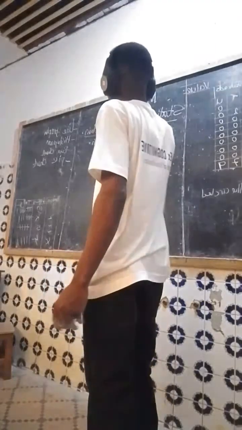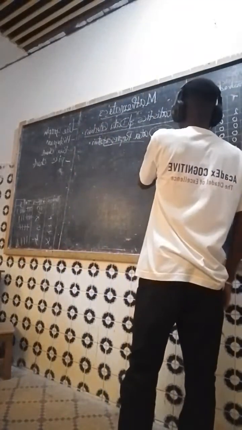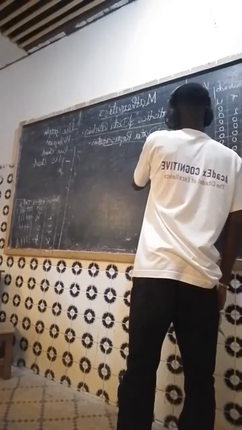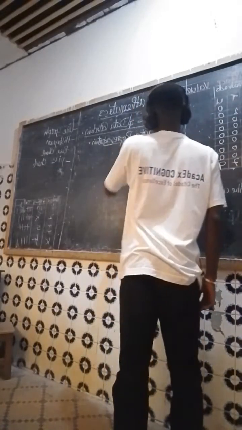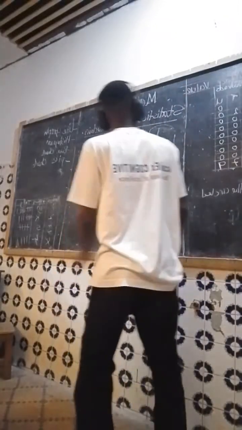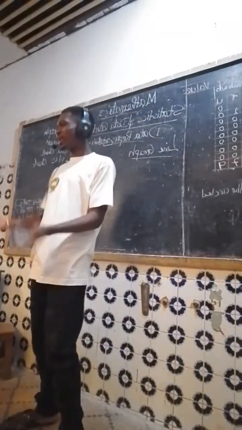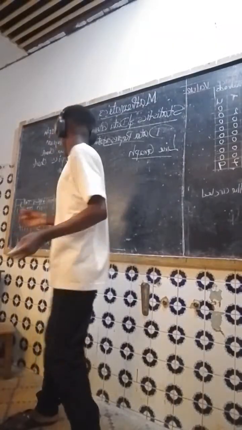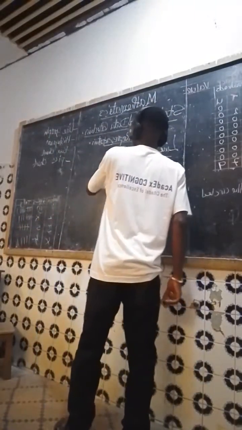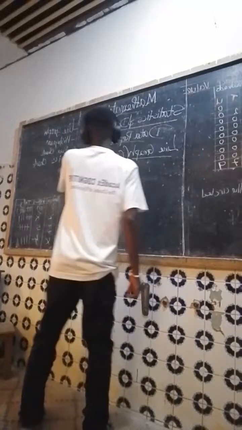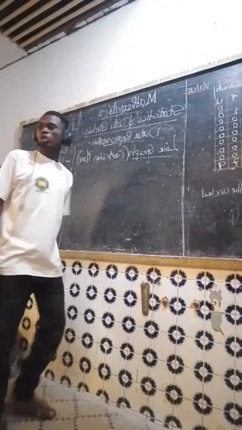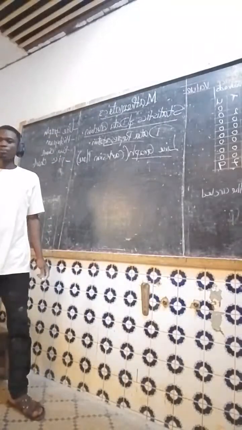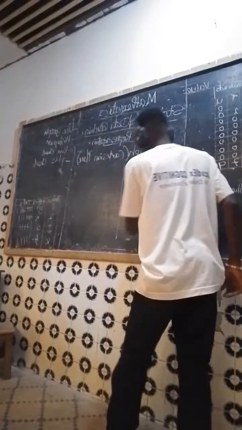Line graph, that's what we're starting with. The line graph is also known as the Cartesian plane, and it is a plane that looks like this.